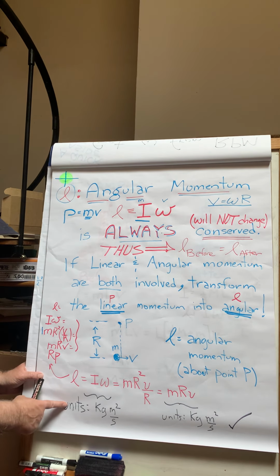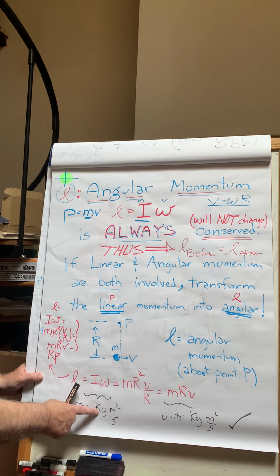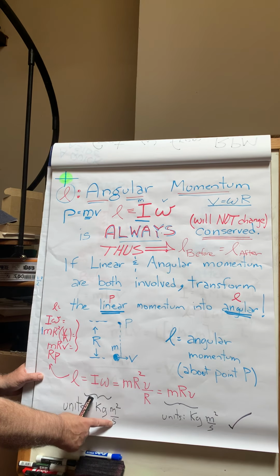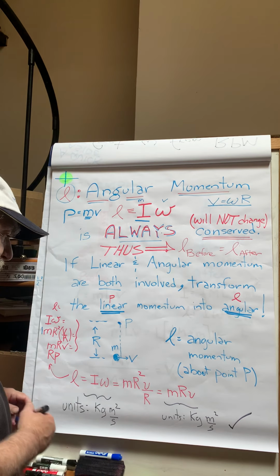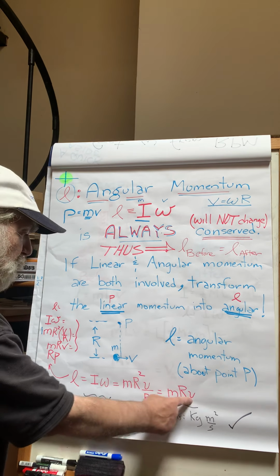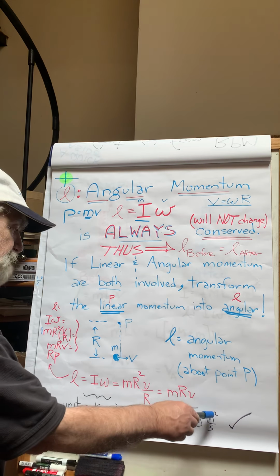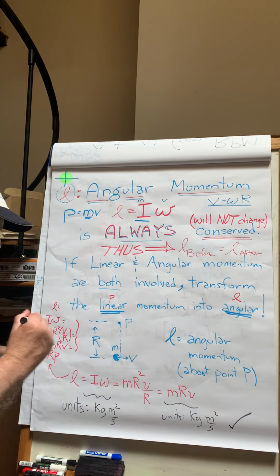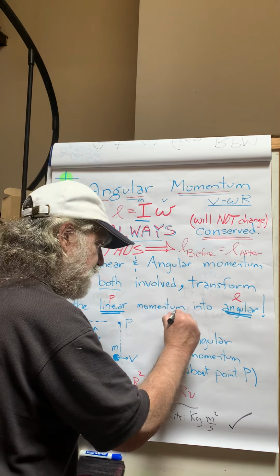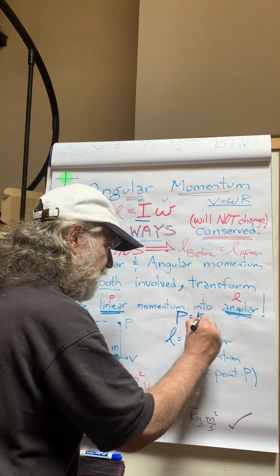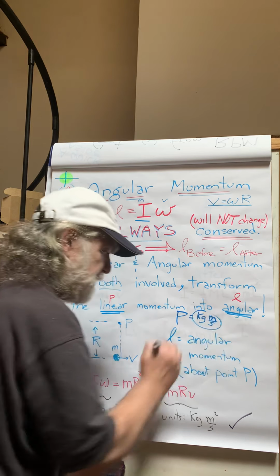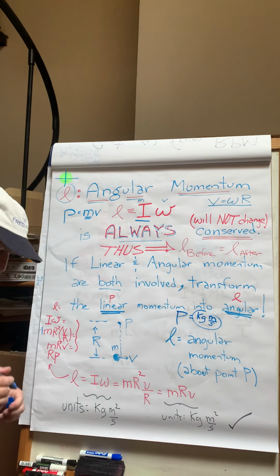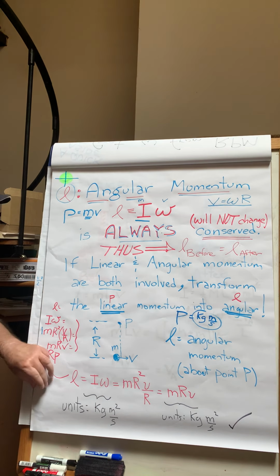So the units of angular momentum are kilogram meters squared per second, because mrv is kilograms meters squared per second, but for linear momentum, P, we have kilograms, which is mass, times velocity, which is meters per second. So there's an extra meter on top for angular momentum.